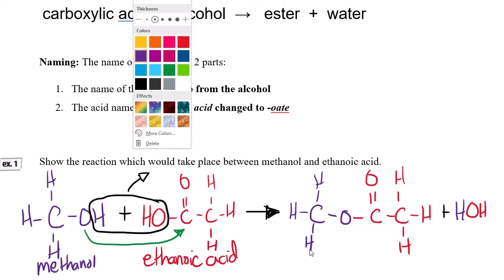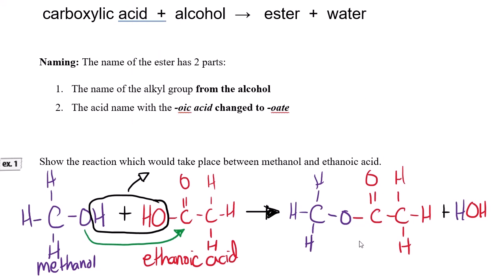Then when we name the ester, it's got a two-part name. Half of the name comes from the alcohol name, and that gets named as a branch. So this is going to come in front of the name. And then the ending of the name is going to come from the carboxylic acid, but we're going to change the oic acid to oate. So I'll keep my colors the same again to make it clear. So the part that came from the alcohol is the methanol.